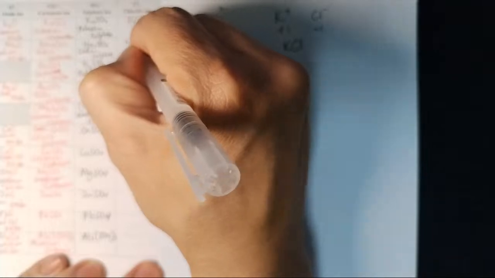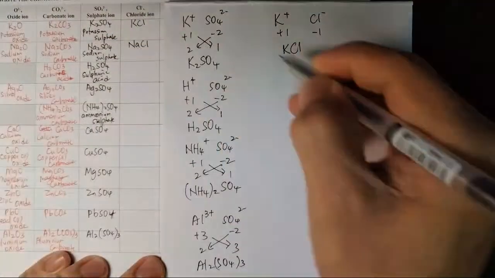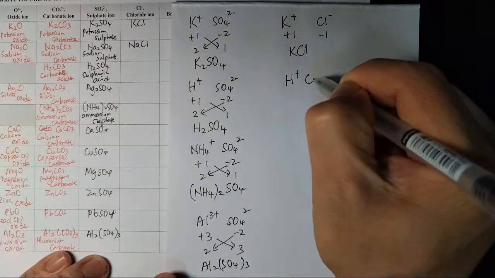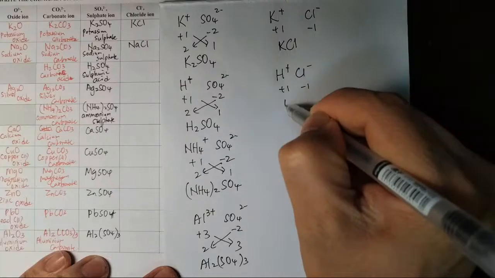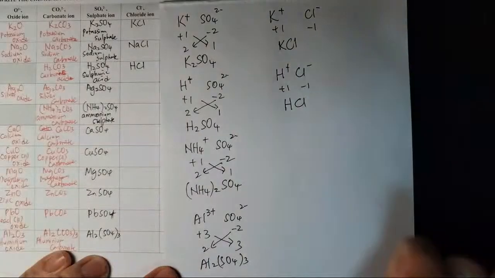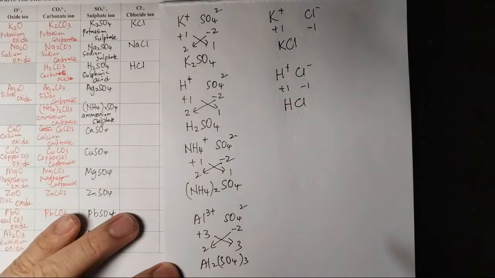Then this one, sodium chloride. Okay, then hydrogen and chloride. Positive 1, negative 1. So it's 1, 1, right? HCl. Class, what is the name for this? HCl.